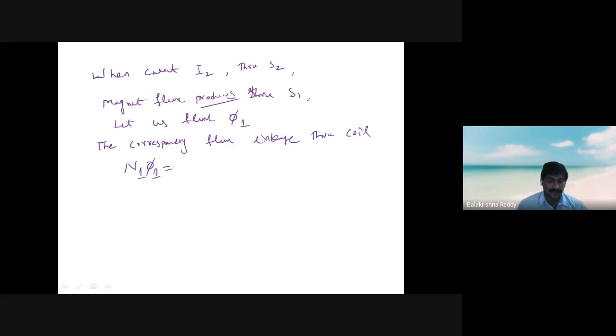Then, as we studied in the induction definition, phi is directly proportional to I, right? So the current I1 produces flux in coil 1, and at the same time there must be a constant. The constant here we are taking as mutual inductance M12.